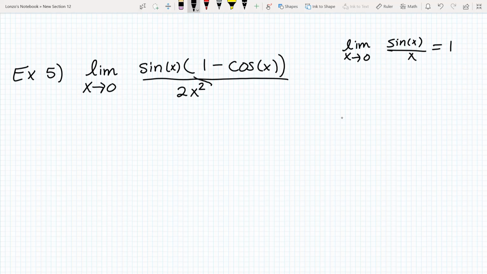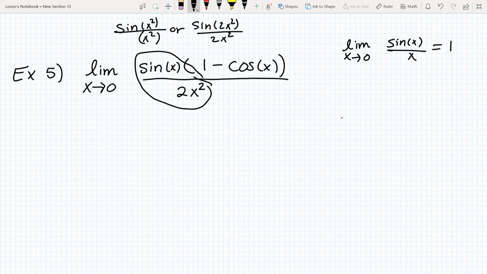We can make this sine of x squared over x squared, or you can rewrite that as sine of 2x squared over 2x squared, right? As long as these are the same, we're fine. So maybe we could just use this.